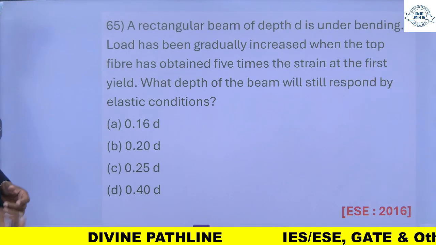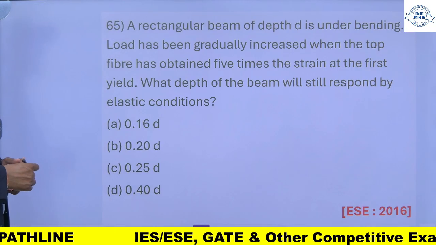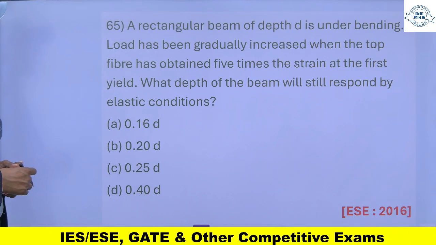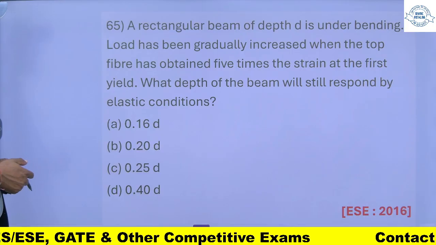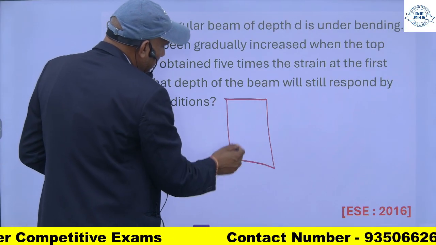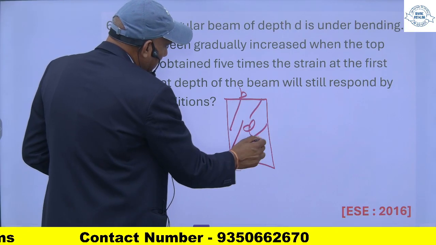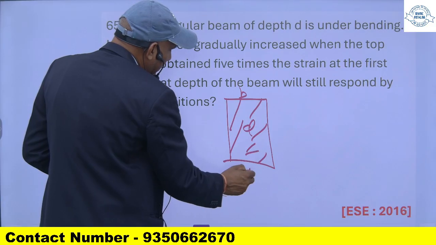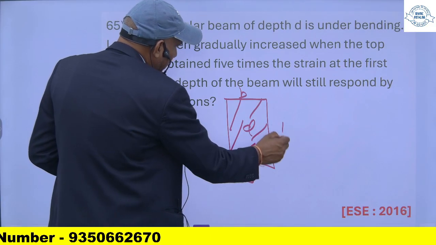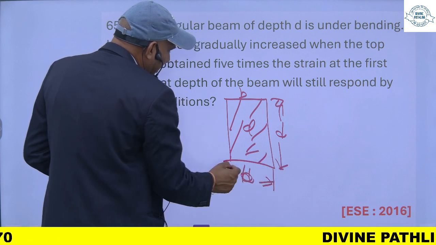A rectangular beam of depth d is under bending. Load has been gradually increased when the top fiber has obtained 5 times the strain at the first yield. So there is a rectangular beam. This is d, or depth is d. This is b.